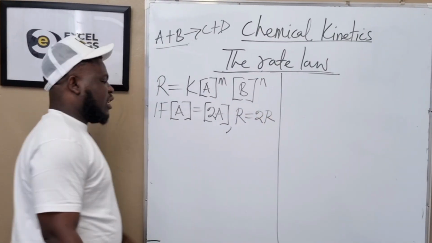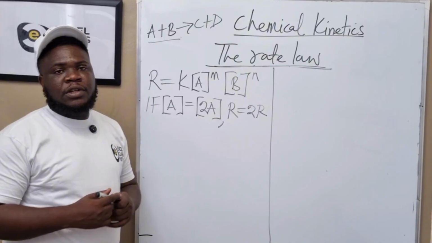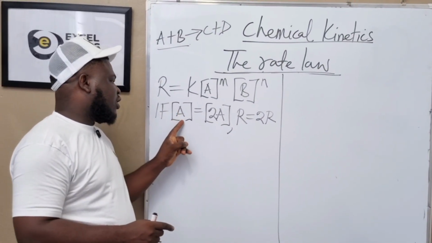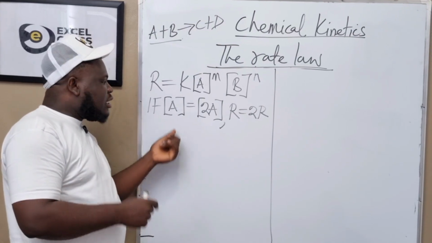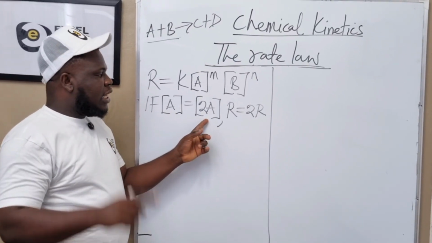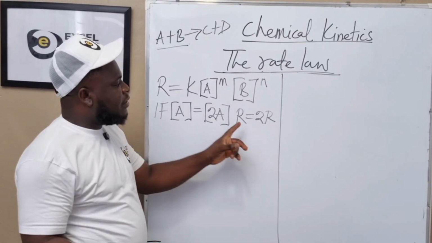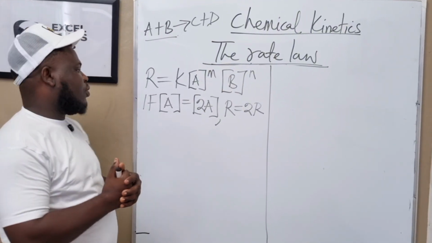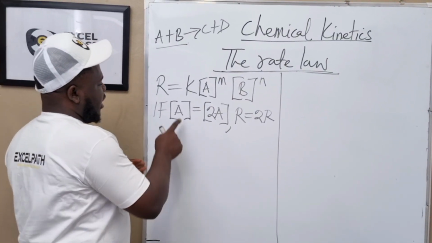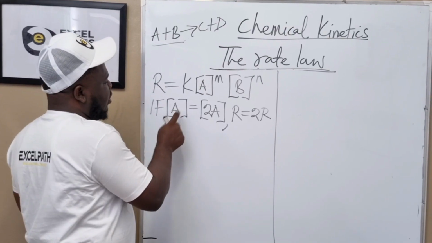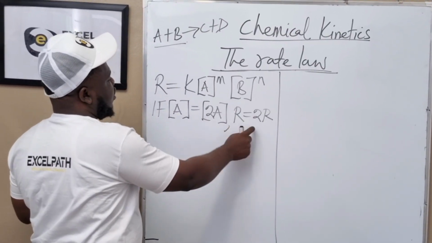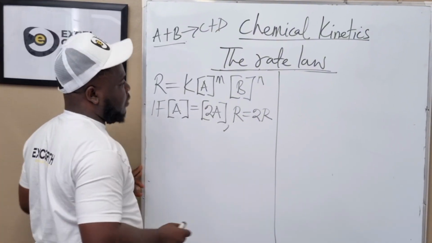So anywhere we see A, we replace it with 2A. Anywhere we see R, we replace it with 2R in the rate law expression.